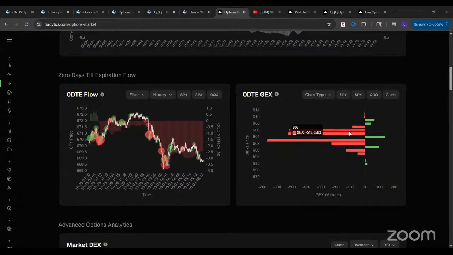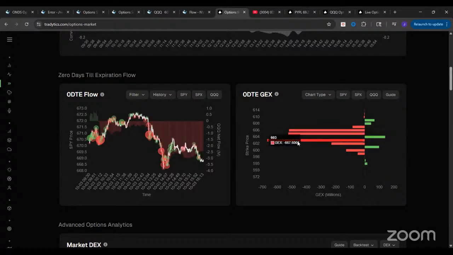When you're trading, the way I look at it, a green bar has a red bar above and a red bar below. So what it's really saying is that at 604, the price is going to move one way or another. It's either going to go up or go down. Now you look at which red bar is bigger.